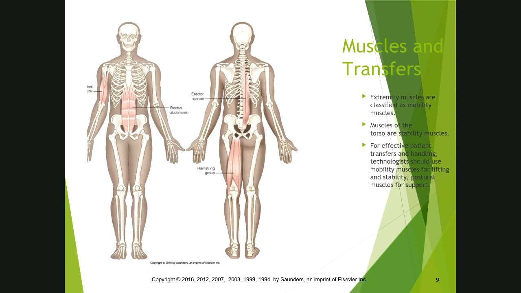Okay, and it says for effective patient transfers and handling, we should use our mobility muscles, or our extremity muscles, for lifting, and our torso muscles and our postural muscles for support. Right? So again, you want to bend with the legs, use your thighs when you lift. You don't want to lift with your back, and you want to use the muscles of your torso as well.